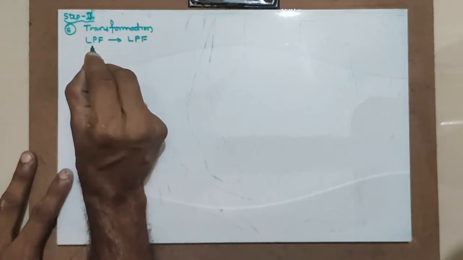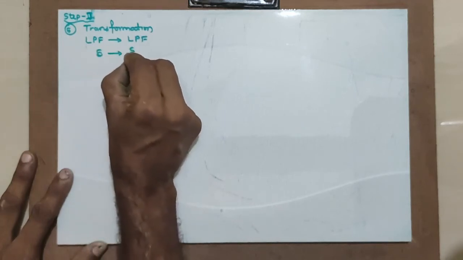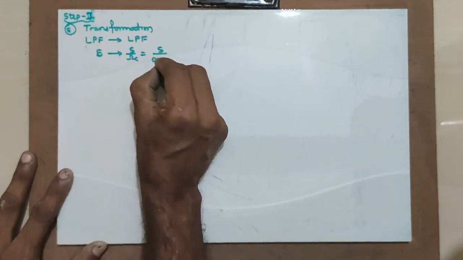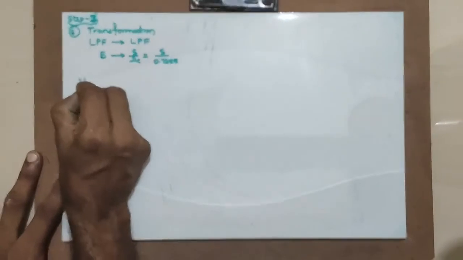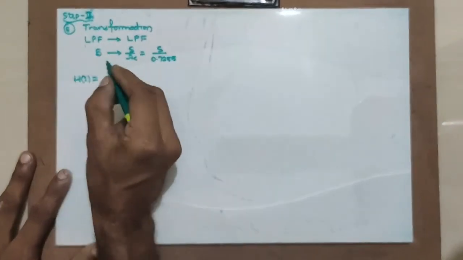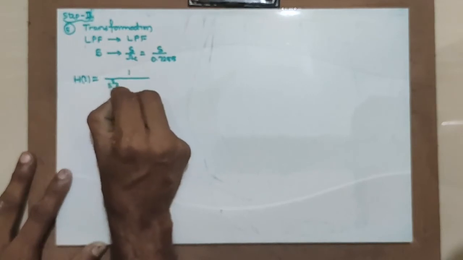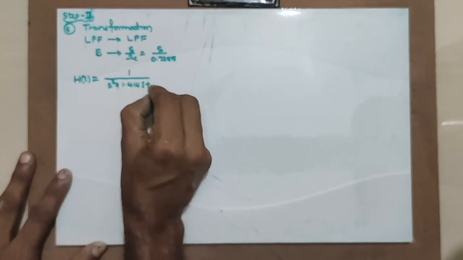Instead of s, I will be substituting s by omega c, where the omega c value you also got as 0.7255. Hence h of s, which is equal to 1 divided by s square plus 1.414 s plus 1, which is there.